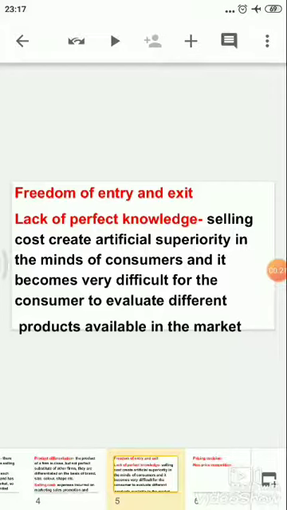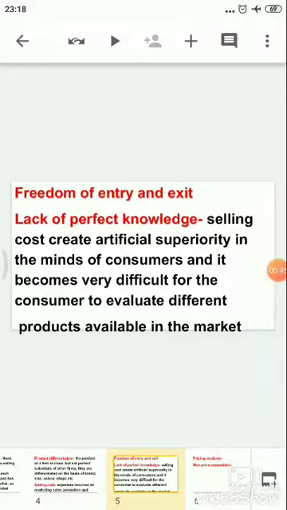So they are not able to evaluate the different products which are available in the market and which have the same use. As a result, a particular product is preferred by the consumers over the other products, even if their price is lesser and they are of the same quality.